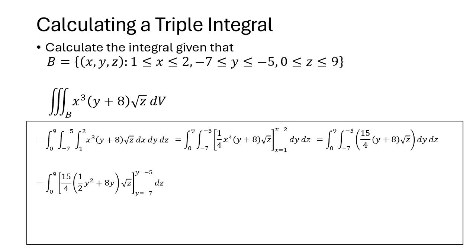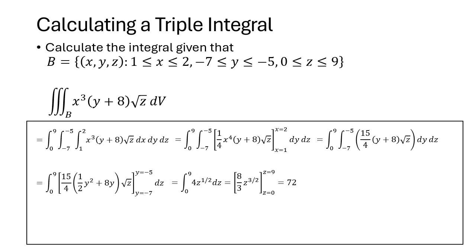Again, I plug in these values for y and then simplify to get the integral from 0 to 9 of 4z to the 1/2, noting that the square root of z is z to the 1/2, dz. At this point, it's a single integral.